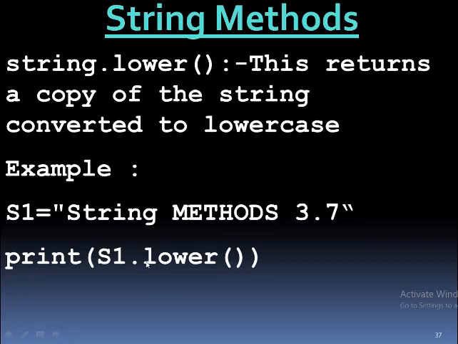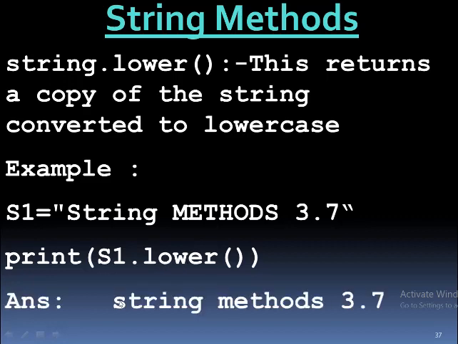So if this is the string methods 3.7, and if you write s1.lower, all the alphabetic characters will be converted to lowercase. Other characters will remain as they are, like space, dot, numbers. Only the alphabets that are in uppercase will be converted to lowercase.